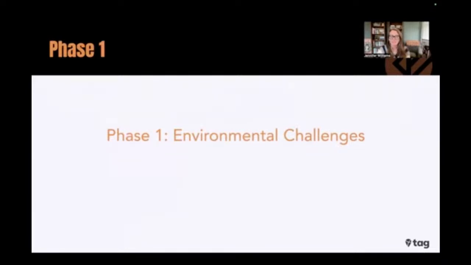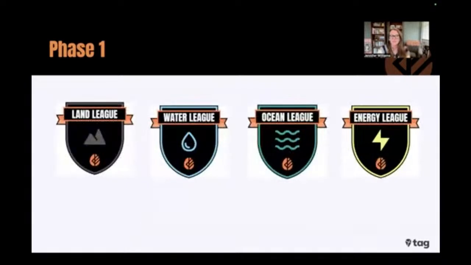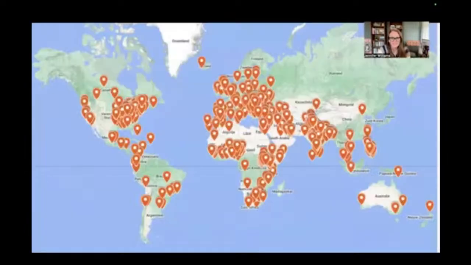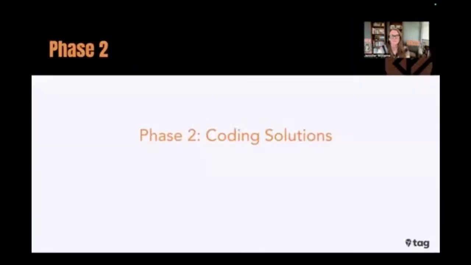First phase, environmental challenges. So our classrooms are going to select an environmental topic that matters to them. We break them into different leagues as we gamify the learning process: Land League, Water League, Ocean League, and Energy League, where our classrooms start to make connections as they're moving through the process. Next up, coding solutions.